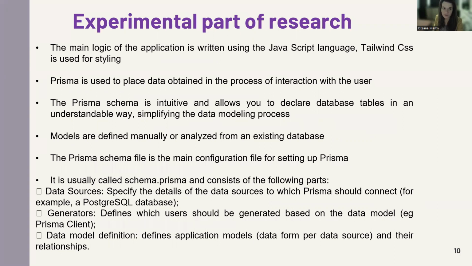Prisma is used to place data obtained in the process of interaction with the user. The Prisma schema is intuitive and allows you to declare database tables. And here there are the following parts of the so-called Prisma schema.